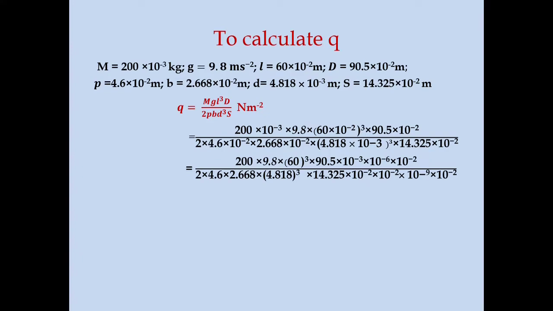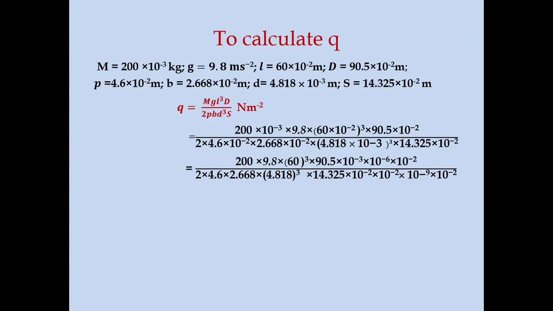First let us club all the numbers and the powers. So in the numerator, 200 into 9.8 into 60 power 3 into 90.5, with 10 power minus 3, 10 power minus 6 and 10 power minus 2. In the denominator we have 2 into 4.6 into 2.668 into 4.818 the whole cube into 14.325.